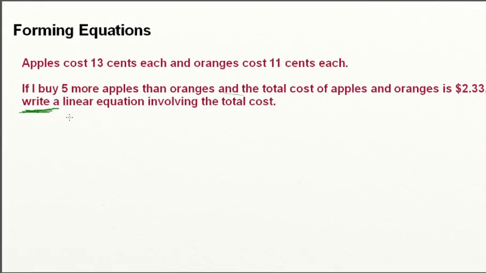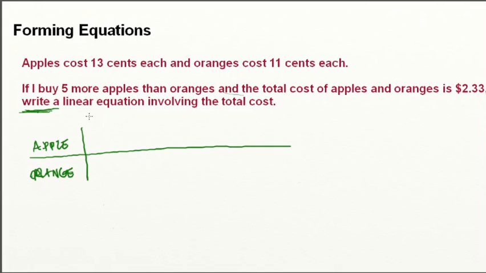So let's make a simple table here. In the future you might not feel like it, but just for now. So apple and orange. So the number of apples and oranges, let's put here the cost of each and the total cost.